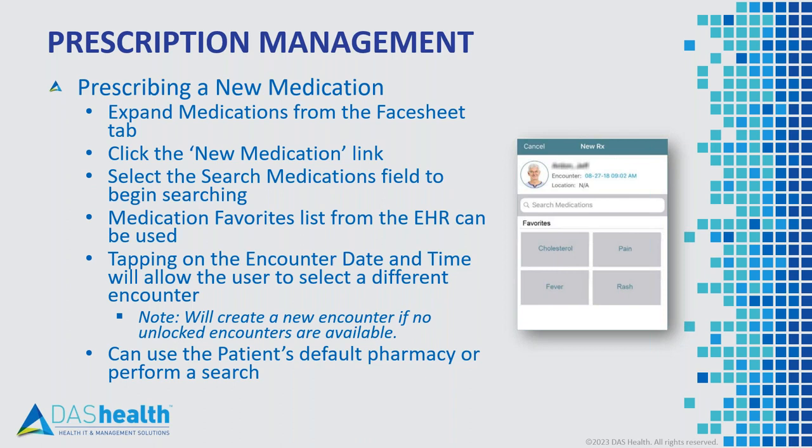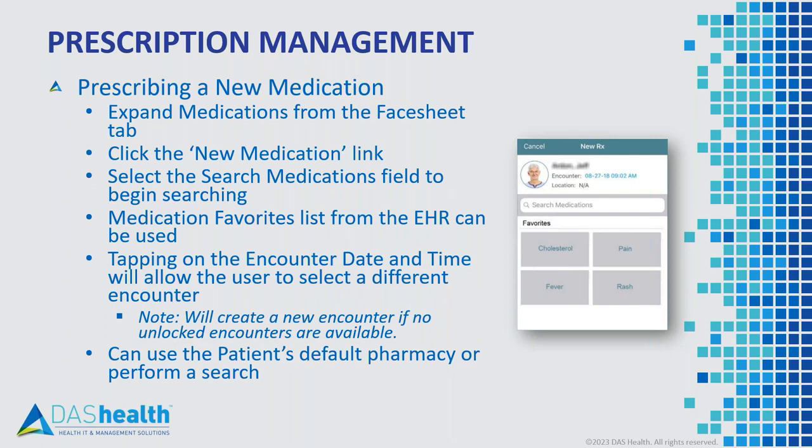So to prescribe a new medication within the mobile app, the provider would click that new medication link that we saw on the previous screen. Much like in the EHR, the medication that is needed can be found by searching by keyword. We can use medication favorites lists within the mobile app as well.